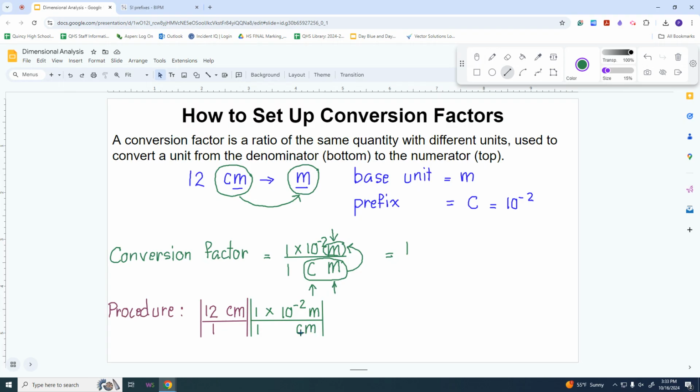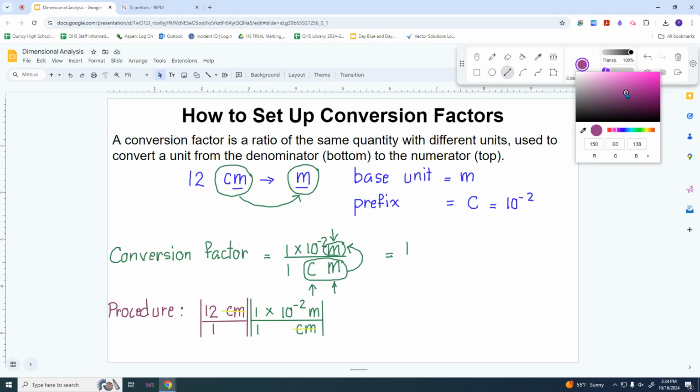So meter, centi equals 10 to the negative 2. And just make it a habit that anytime you put the conversion factor down, cancel the same unit right away, so you will not get confused, okay?